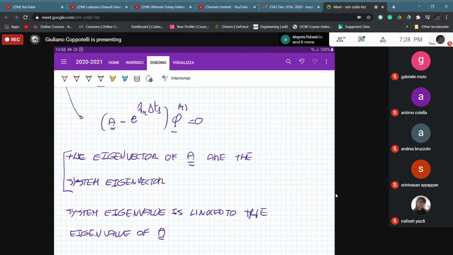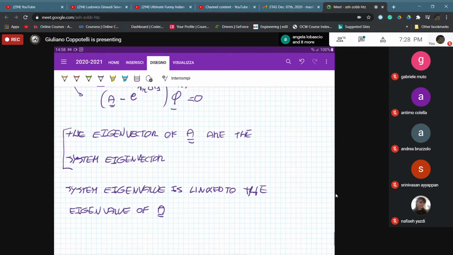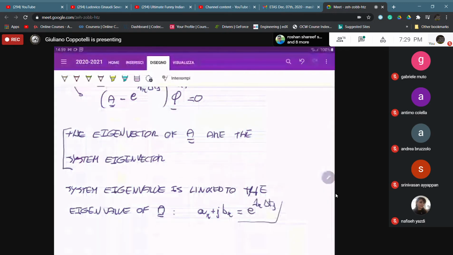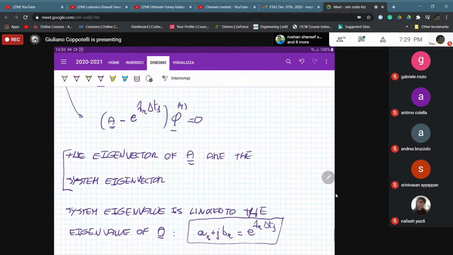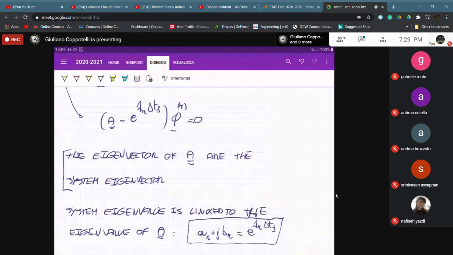Let me call the r-th eigenvalue of A, which is generally a complex quantity, mu r, equal to e to lambda r delta T1. So the eigenvectors of A are the system eigenvectors, so they are representing our unknowns.